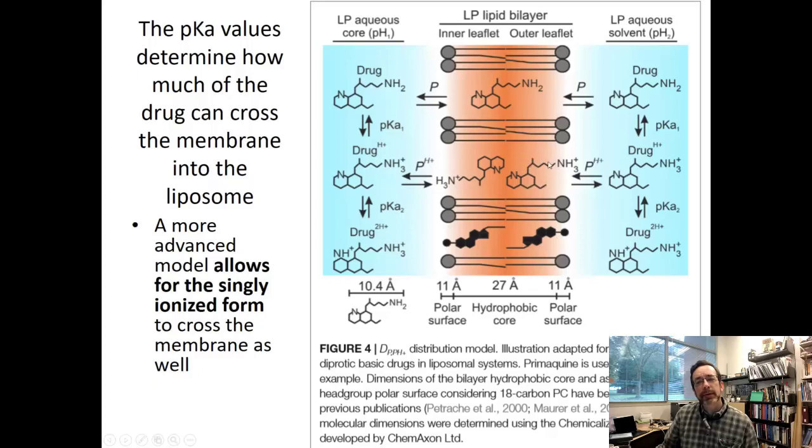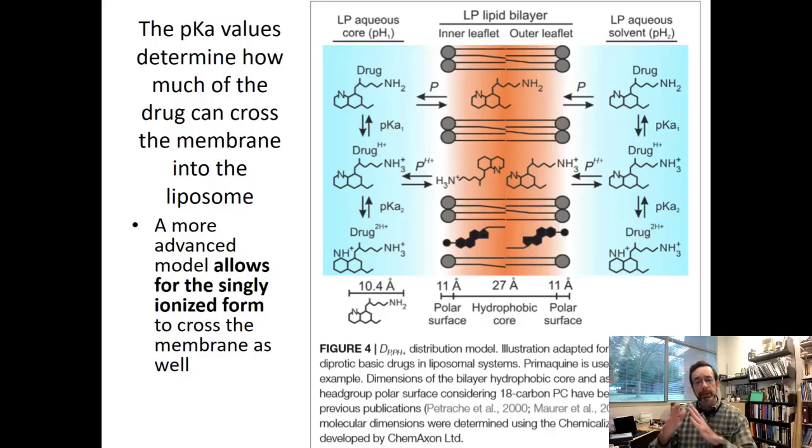If it's about the same size as a membrane lipid, it can dissolve in the membrane, and it can have its charged NH3 group on the outside of the membrane, just like the polar head group of a phospholipid. They developed this model to account for the fact that we could see some of this happening experimentally.